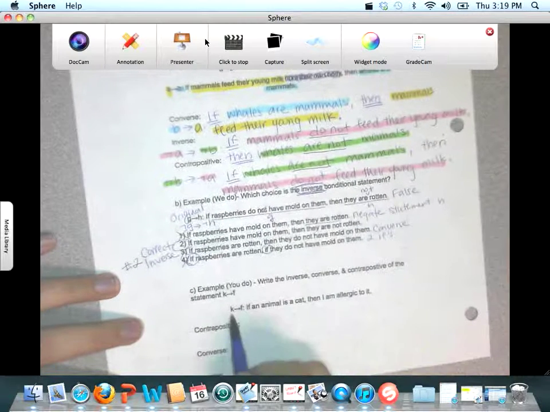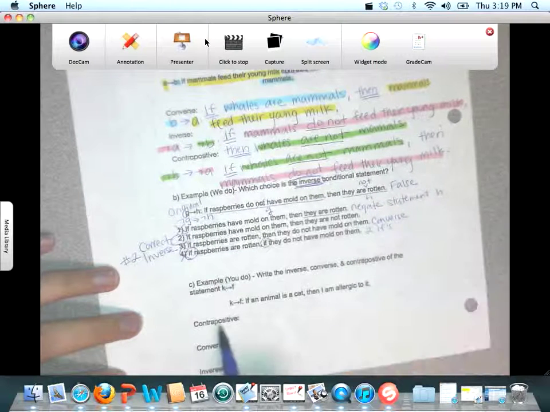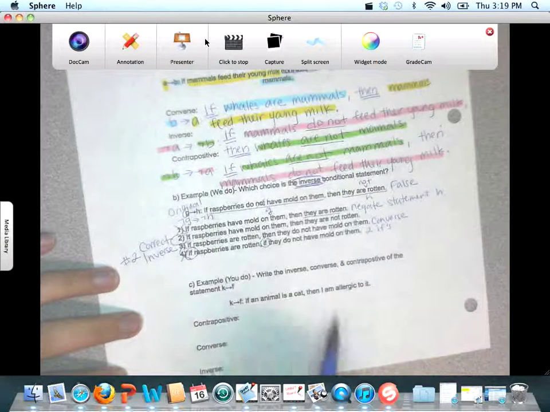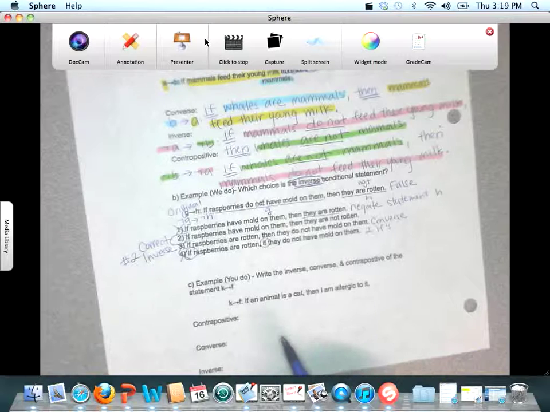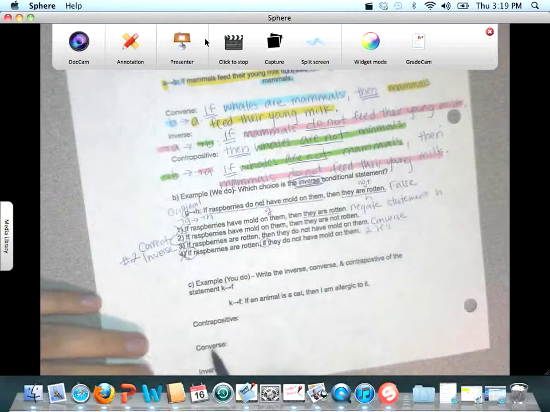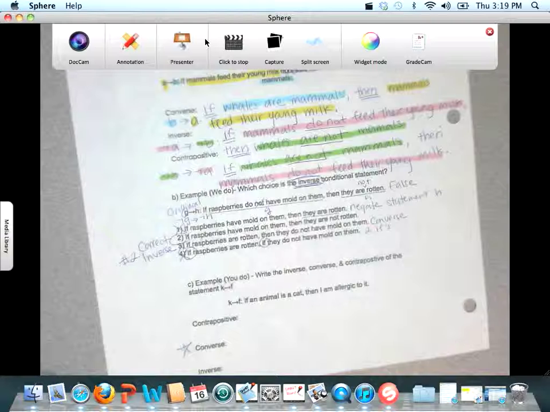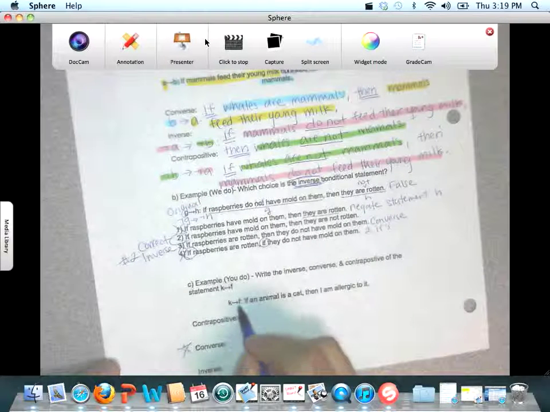You want to take this statement and change it to be the different kinds. Now they're out of order than we had at the top. So I think that I'm just going to go in the order that I taught it to you originally. That's how I always do the problem. So even though the converse is in the middle, I'm going to start on this one. Okay? Before you start, you always want to know which statement is which.